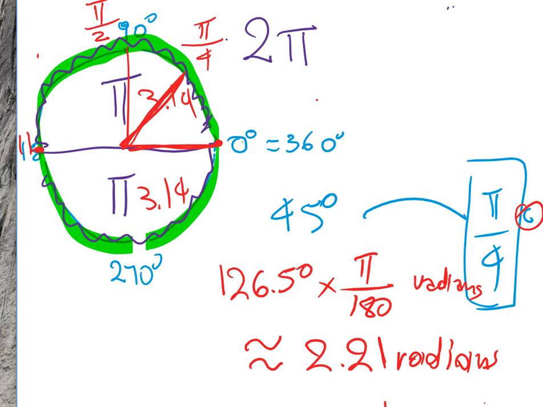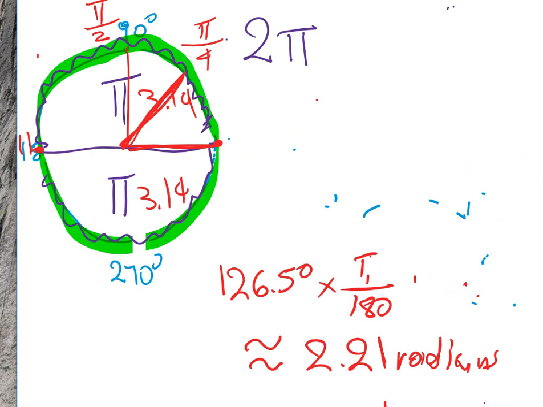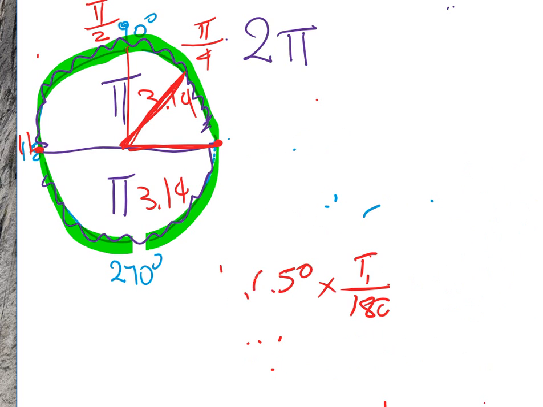Also, there will be the opposite exercise to convert from radians to degrees. We said in this case, we need to multiply by 180 degrees and divide by 3.14.